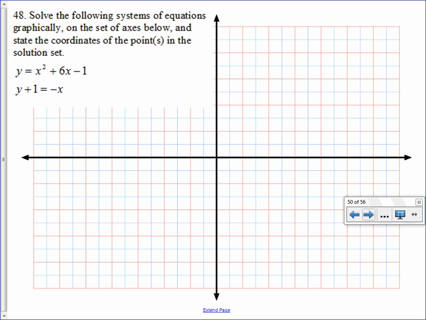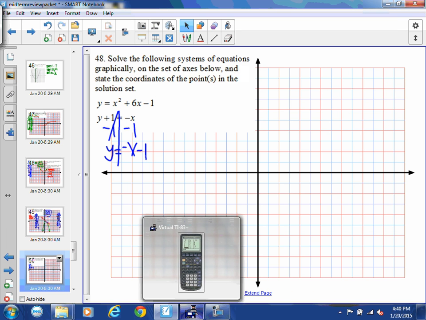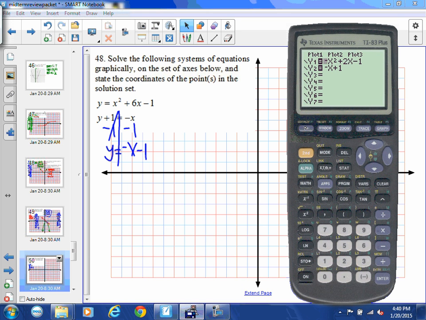Same type of problem. Get y by itself, get y by itself. Y equals negative x minus 1. Put it into your calculator. Y equals x squared plus 6x minus 1, and we've got negative x minus 1.